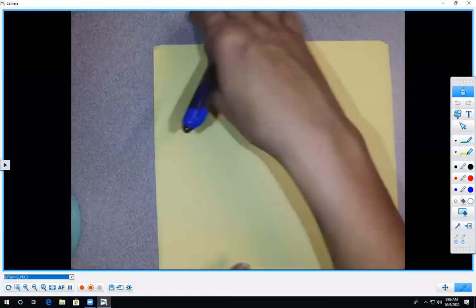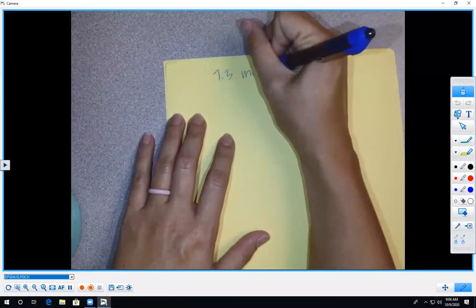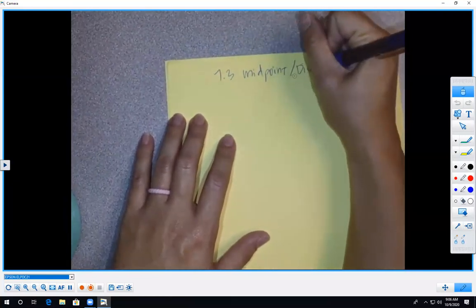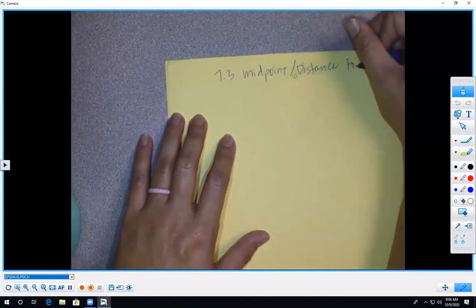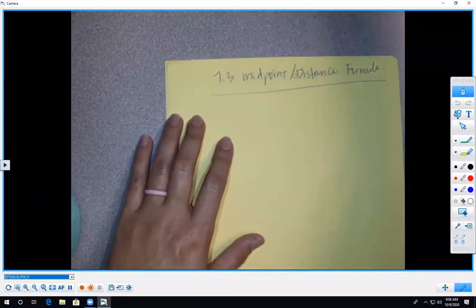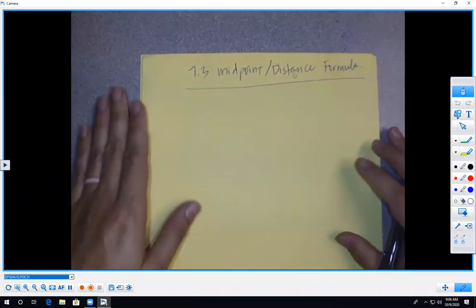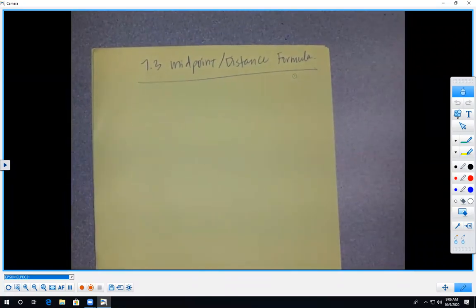Okay, so starting off with section 7.3, which is the midpoint and distance formula. Both of these formulas will be given to you on your exam.